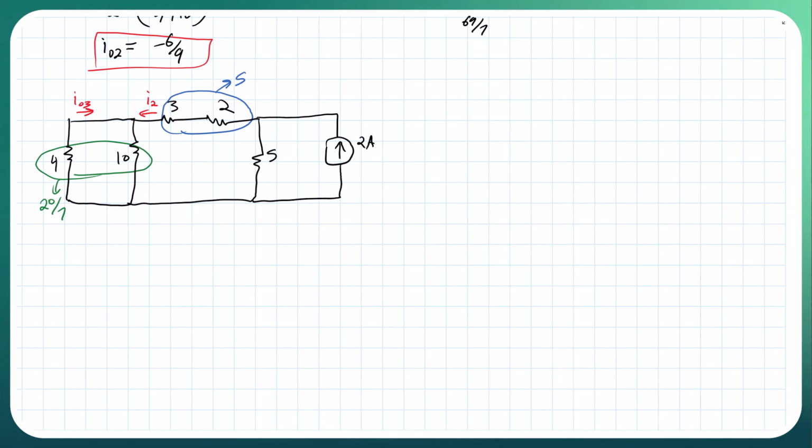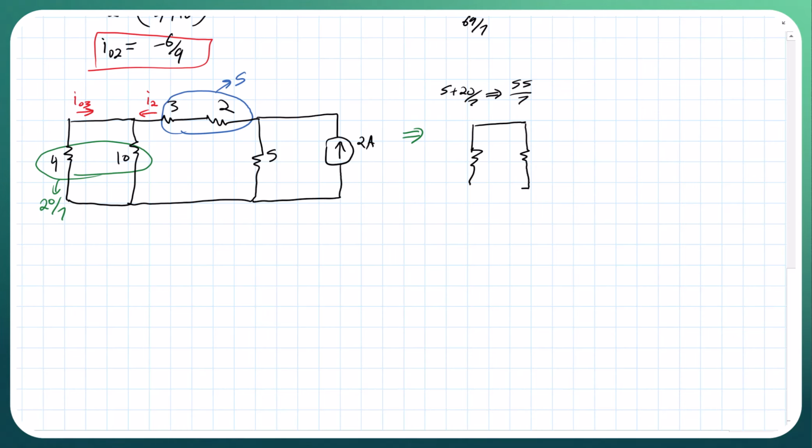So then we get a new circuit where 5 plus 20 over 7 will give us, keeping it in fraction format, 55 over 7, and that's going to be our new, more simplified circuit.